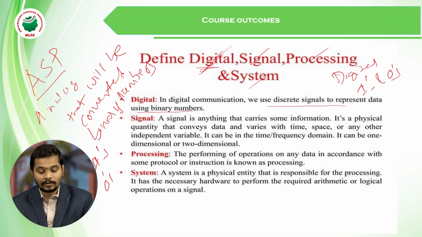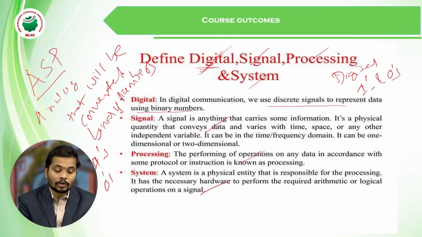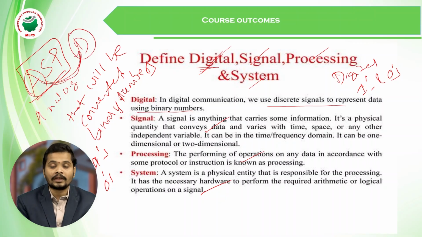So whatever the analog signal processor has, the analog signals are replaced by digital signals, where we need converters to convert analog to digital, and digital back to analog at the receiver side. So what is the need?